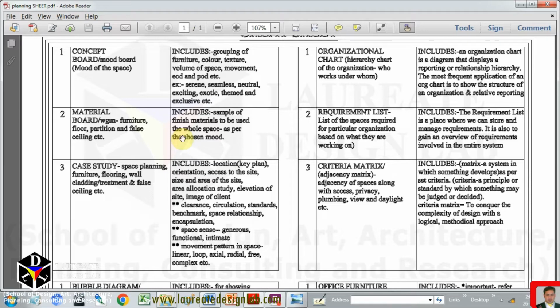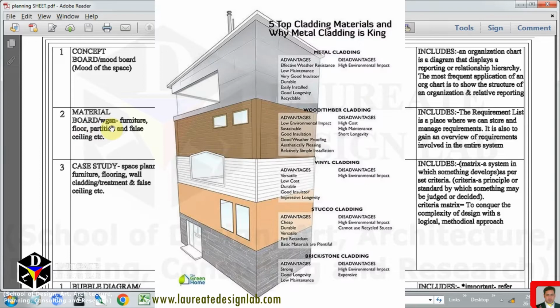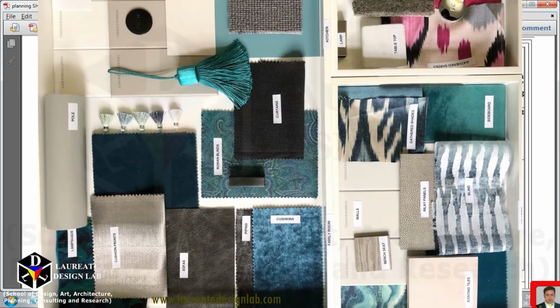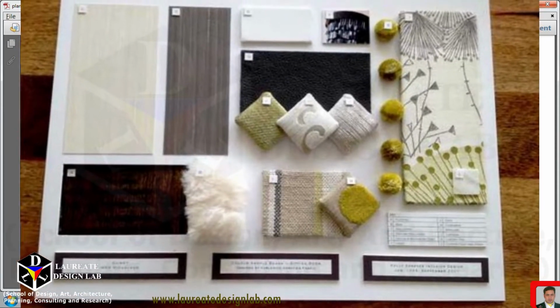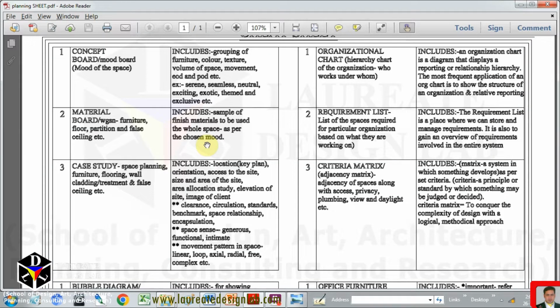So a material board may include furniture, flooring material, partition material, cladding material, false ceiling material. It may also include furnishings. Samples of finished material are generally compiled for the whole space as per the chosen mood board, the concept board.